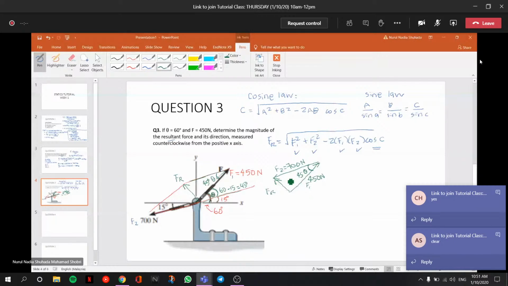Okay, so we now have the angle here. So now we can solve the resultant force question.